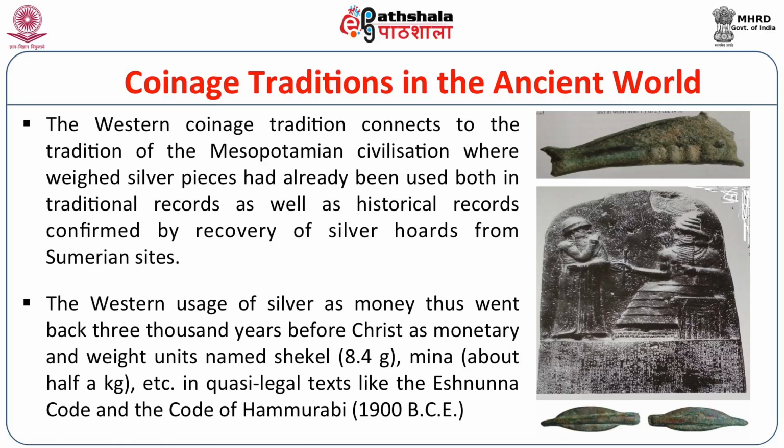The shekel was a coin or uncoined silver which weighed about 8.4 grams, and the mina weighed about half a kg. This is mentioned in many legal texts like the Ishuna Code and the Code of Hammurabi. Here we are showing the Code of Hammurabi's stele, where various inscriptions show us terms related to uncoined silver.